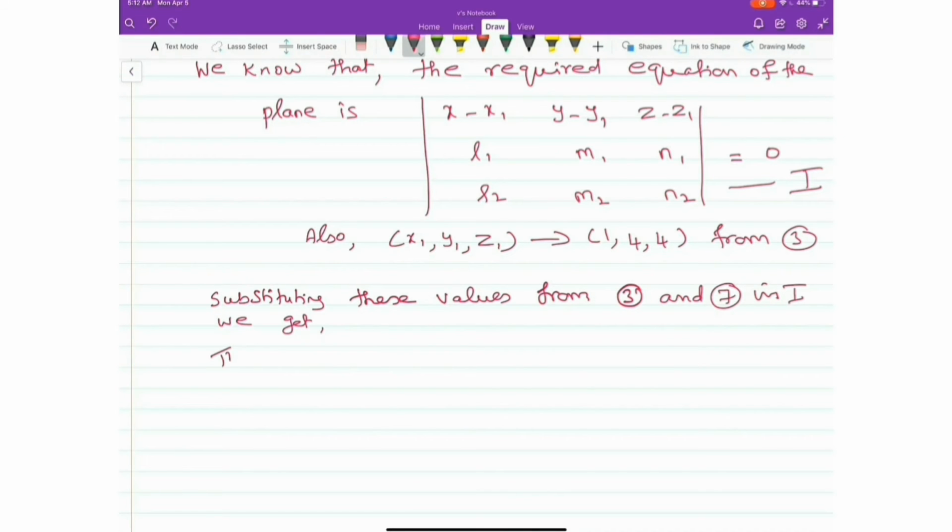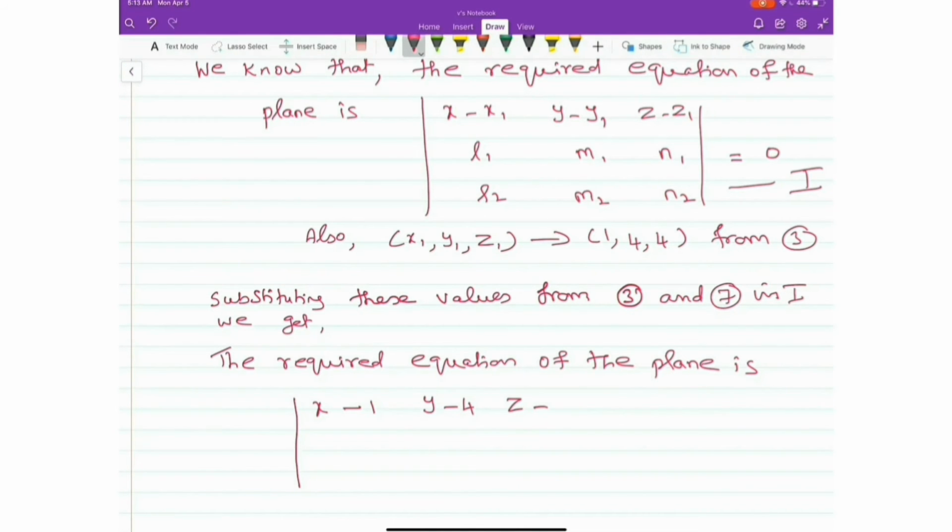the required equation of the plane is determinant x minus x1, which is 1. Y minus y1 is again 4, so y minus 4.